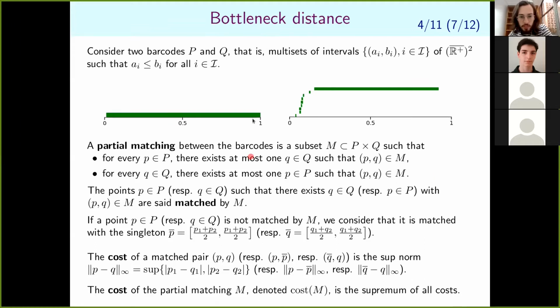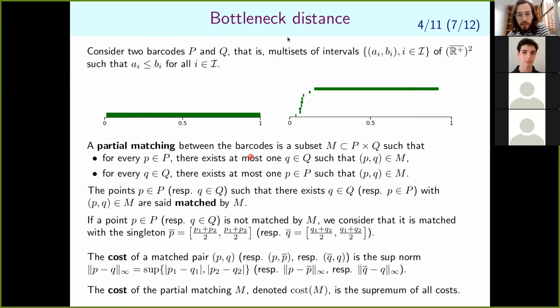So basically, if this green bar were matched with this one, so this sup norm is the difference between that and between that. Right? It is a supremum of the distance of their endpoints.